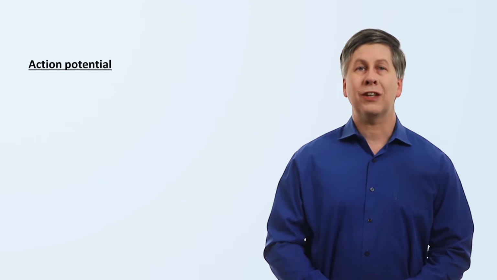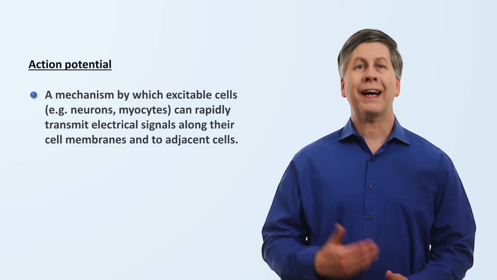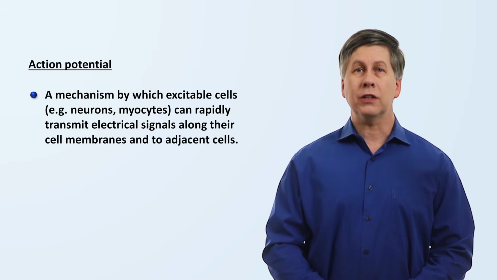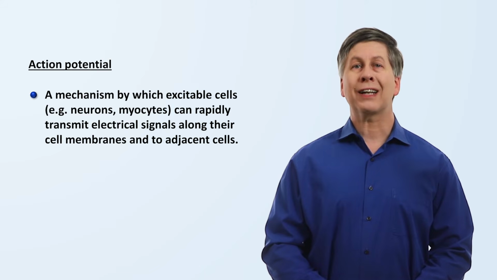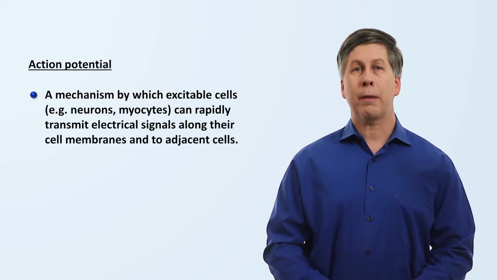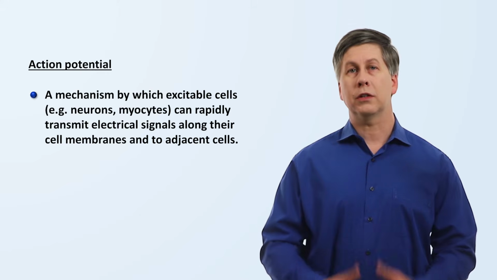I'm finally at the action potential, but before descending into the details of what channel opens when, I'm going to spend a few minutes talking about the action potential more generally. On the most basic level, the action potential is a mechanism by which excitable cells, such as neurons and myocytes, can rapidly transmit electrical signals along their cell membranes and to adjacent cells.